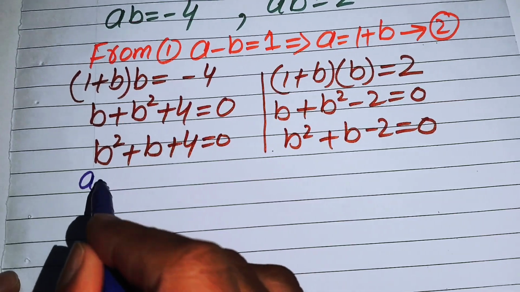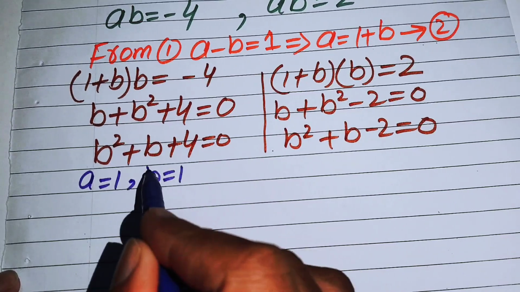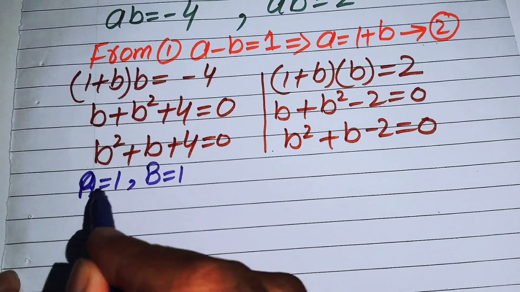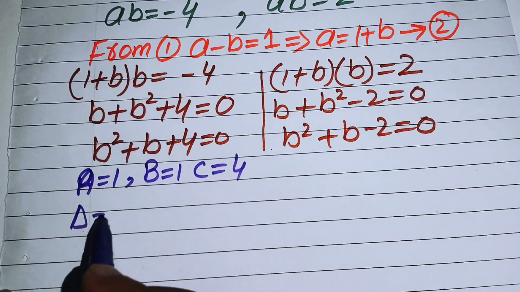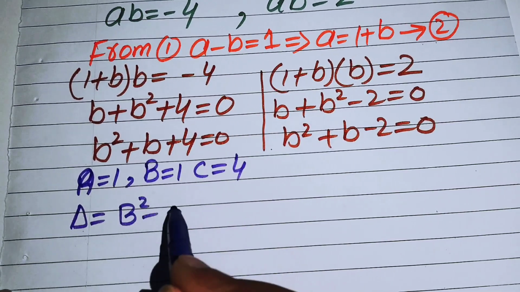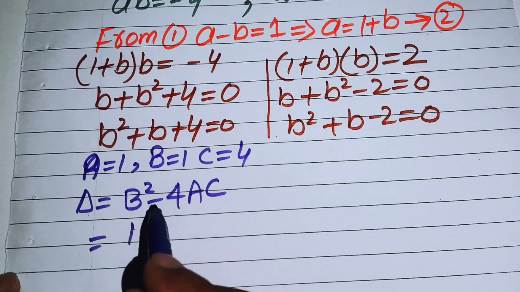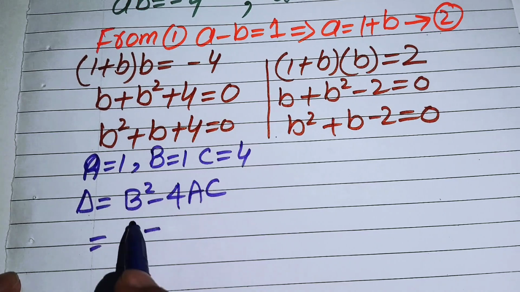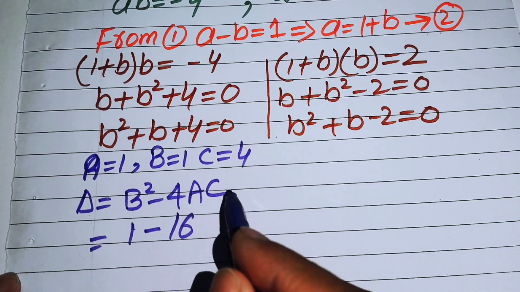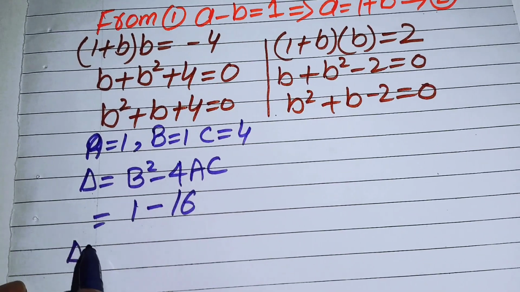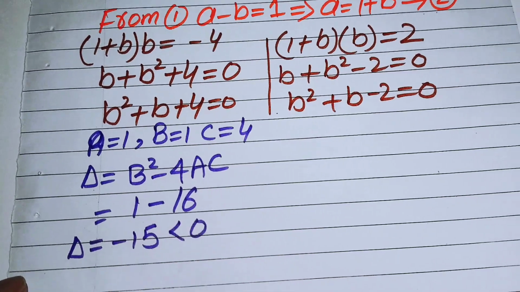So here I can use the discriminant formula, and we have capital A equals to 1, B equals to 1, and C equals to 4, and our discriminant equals to b squared minus 4 times of AC, and we can put the value of ABC here, and we get 1 squared minus 4 times of A is 1 and C is 4, so 4 times of 4 is 16, so that our delta equals to minus 15, and it is less than 0.